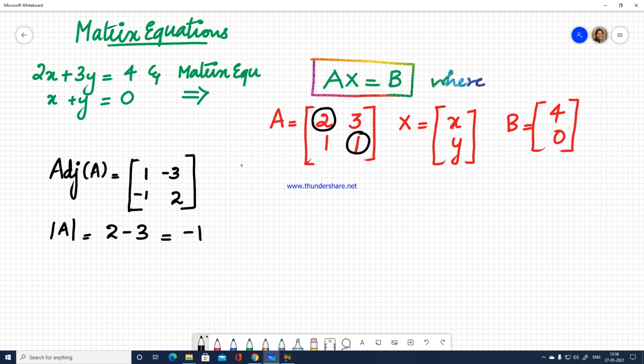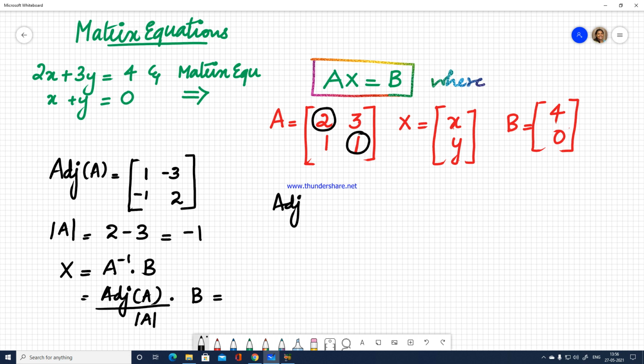Now the second step: X is equal to A inverse into B. Let's make it clear. It will be adjoint of A by determinant of A into B, so we need to multiply adjoint of A into B.